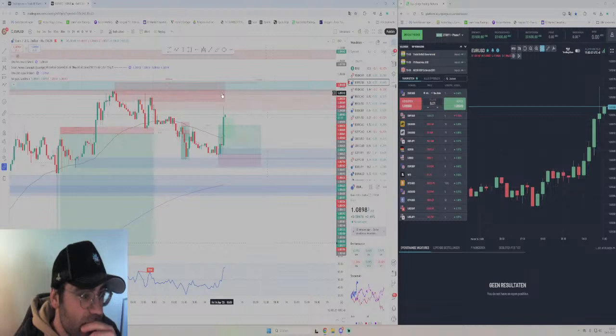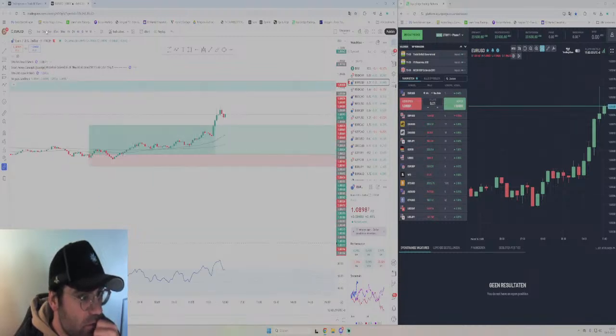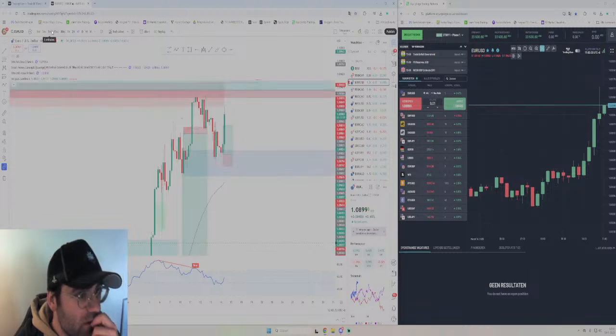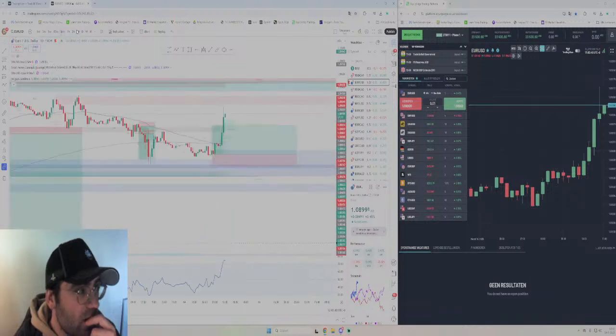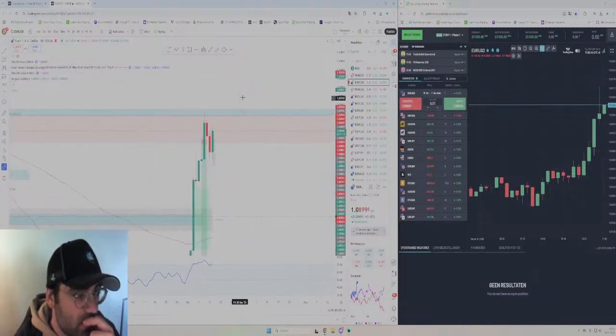So right now, probably just going to see if it rejects this zone, and then we can look for a sell. Maybe, did it reach it already? It did reach it. However, I don't really like that it already broke last day's highs and failed to break below.